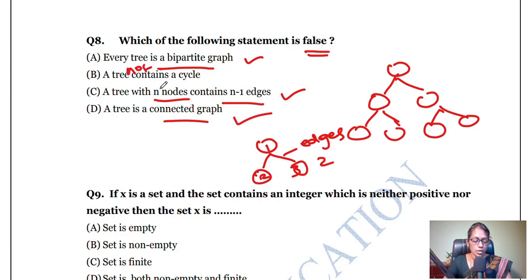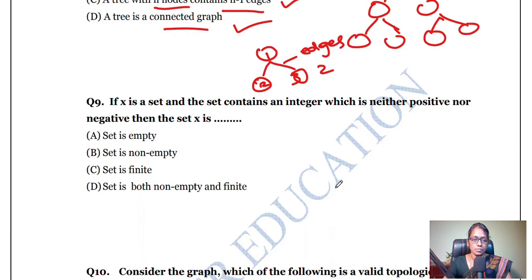If there are n nodes, it must be n minus 1 edges. If there is one more edge, a cycle will be formed, then it is not a tree. They are asking which statement is false. A tree contains a cycle, so that is the false statement. So B is the correct answer.